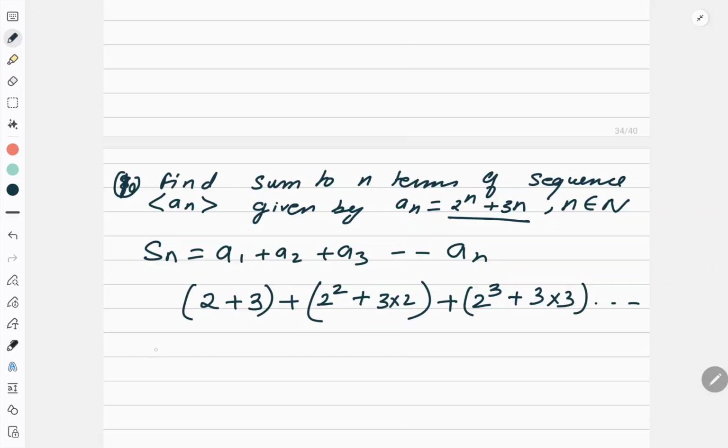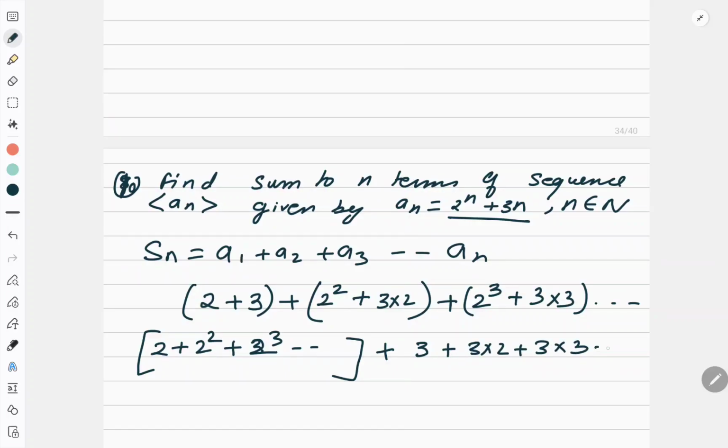Okay. Now what is the first term? 2 plus 2 square plus 2 cube and so on, which I can easily make out is a GP. Plus, then in the second, 3 plus 3 into 2 plus 3 into 3 and so on. Okay.